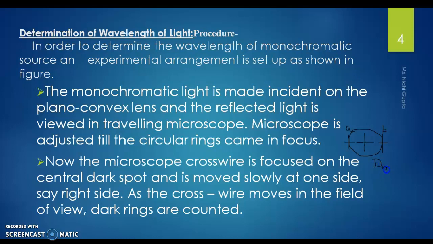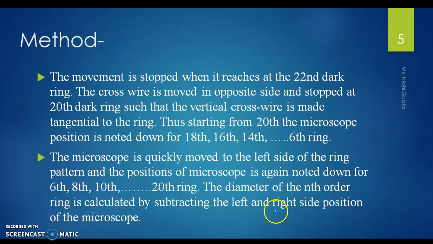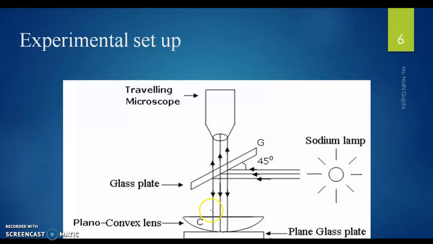This dn is equal to a minus b. So these diameters can be measured using this setup for different orders.